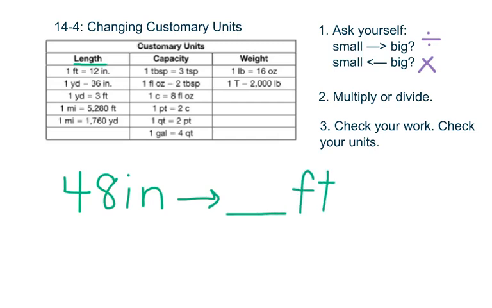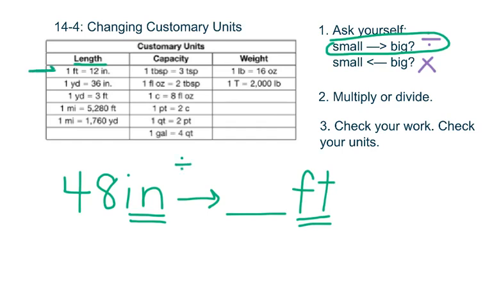So notice, I'm going to look first at what unit I'm starting in, inches, and what unit I'm ending in, feet. So in this particular problem, I have small to big. I am now going to use my chart to help me determine by what I'm multiplying or dividing. So small to big means to divide.